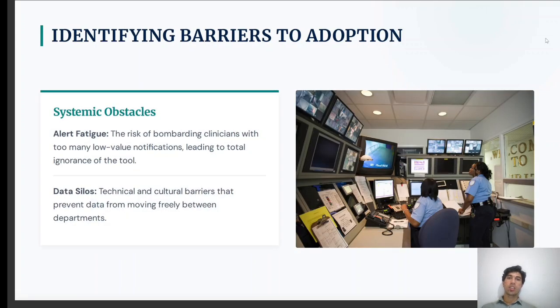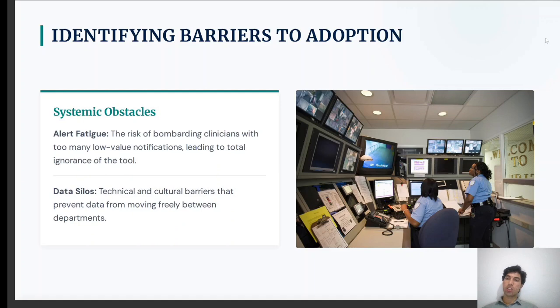Next, the barriers to adoption. To make sure that our project integrates very well into the already orchestrated infrastructures, we need to identify some barriers, some obstacles, and then tackle them and remove those barriers.